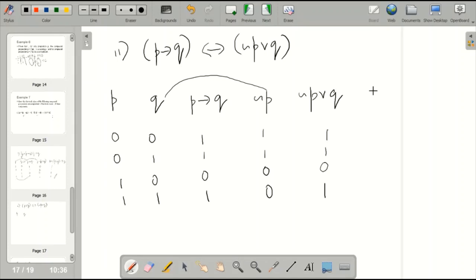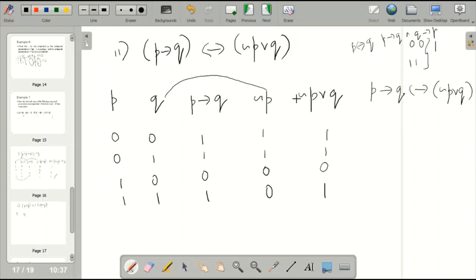Now it is bidirectional. That means P conditional Q bidirectional negation of P or Q. So you know in this case that when both are 0 it is 1 and when both are 1 it is 1, because we had solved this in the definition. You had seen that P bidirectional Q is nothing but P conditional Q and Q conditional P. So if you remember the truth table, when both are 0 it is 1 and both are 1 it is 1.